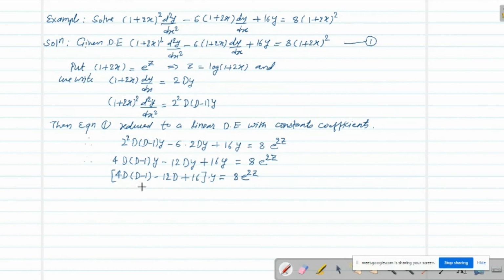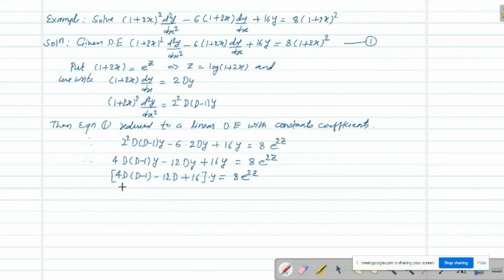Now, what did you say, to take 4 common? Okay, I accept your point. We will take 4 as common from each term, so you will get d... Just wait.